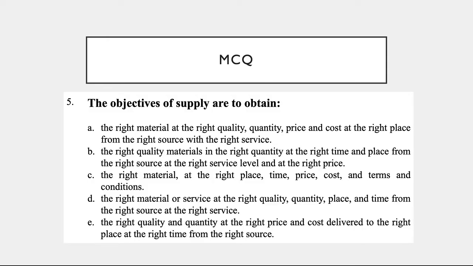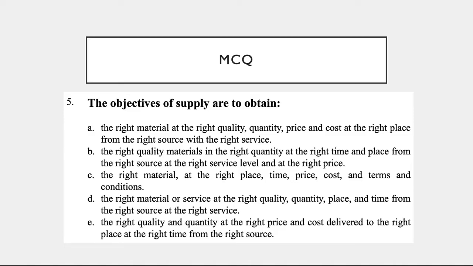As for question number 5, the objectives of supply are to obtain A, the right material at the right quality, quantity, price, and cost at the right place from the right source with the right service. B, the right quality materials in the right quantity and the right time and place from the right source at the right service level and at the right price.